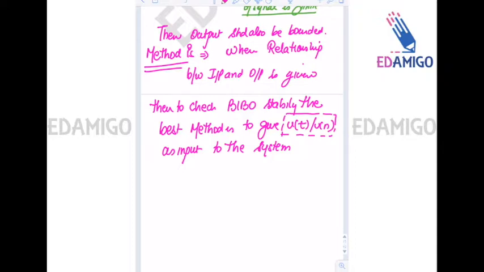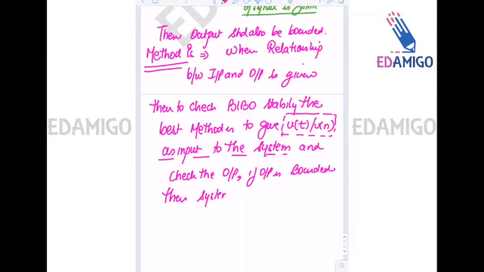So give u(t) or u[n] as input to the system and check the output. If the output is bounded, then the system is stable, else it is not stable.